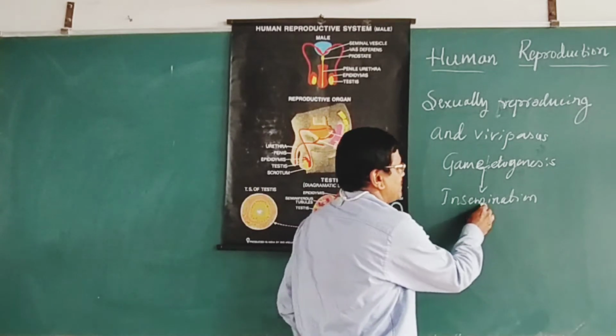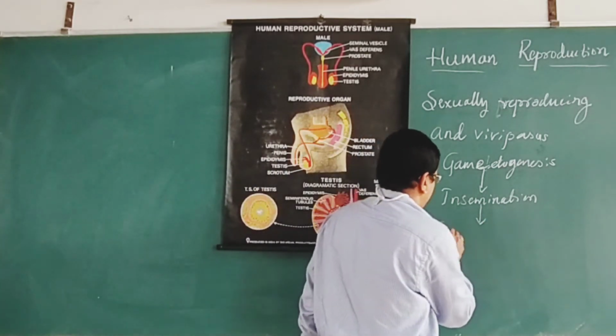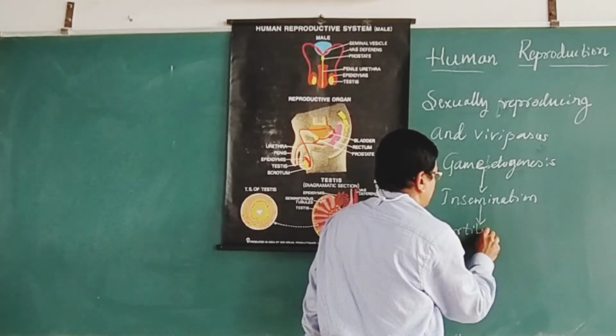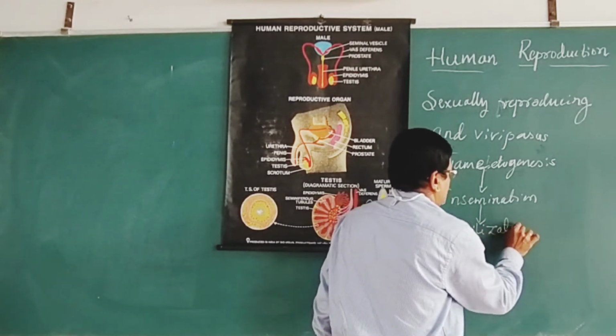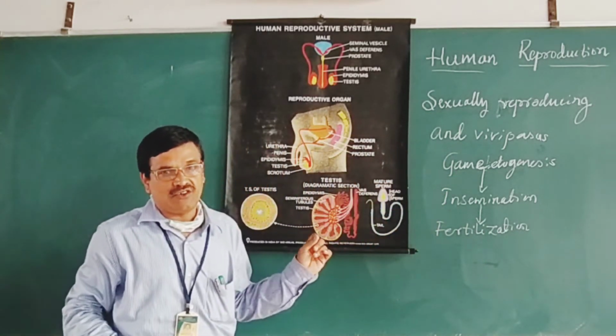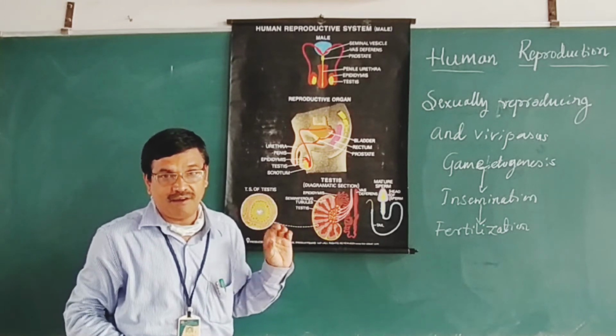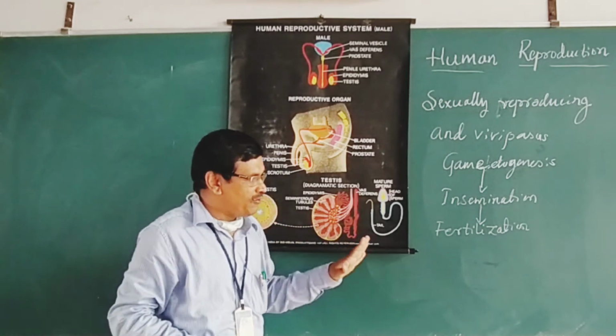The next event, fertilization. In human beings, the fertilization of sperm and ovum occurs in the fallopian tube.